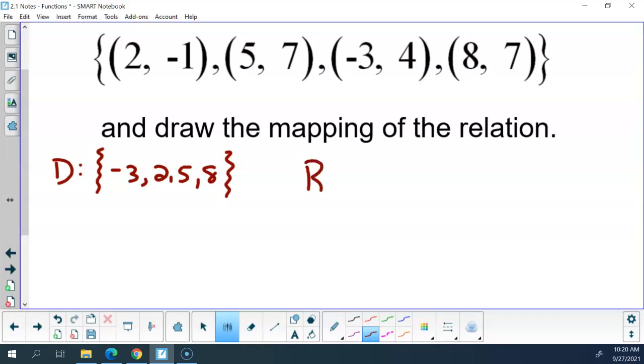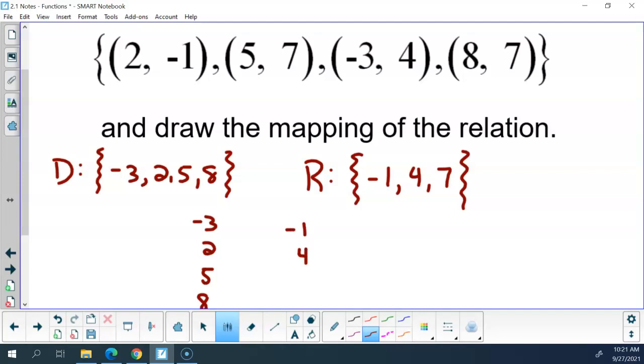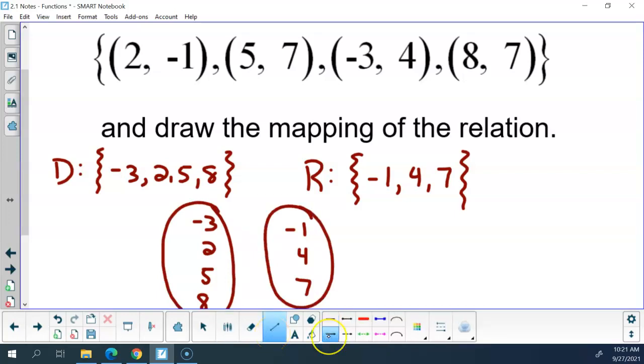Okay? Range, then, squiggle, would be -1, 4, and 7. I wouldn't rewrite that second 7 because we don't have any repeats. Okay? My mapping, then, I would take all of the elements in my domain, and I would take all of the elements in my range, and then I draw arrows betwixt them.